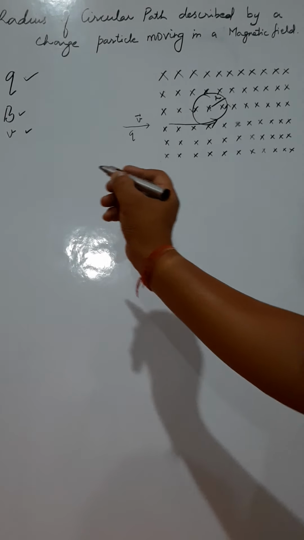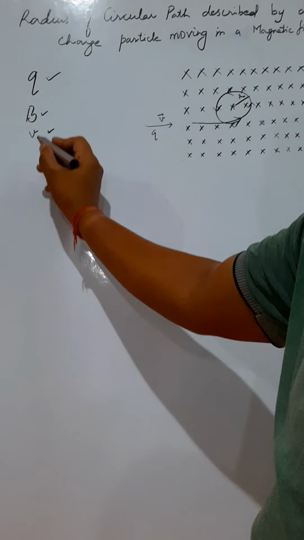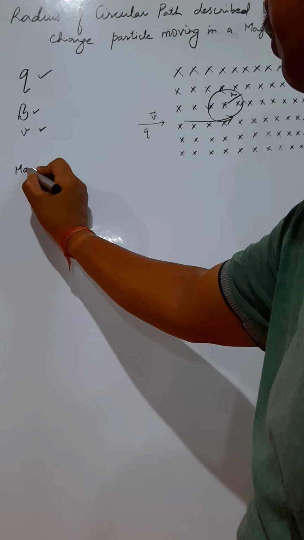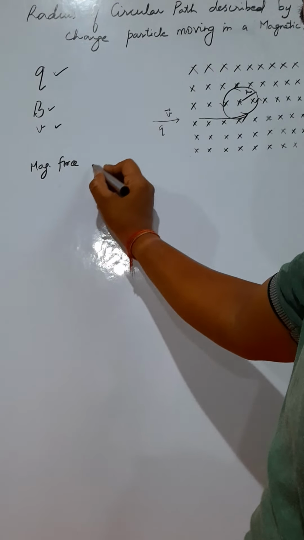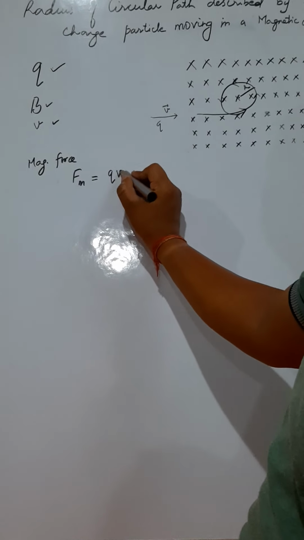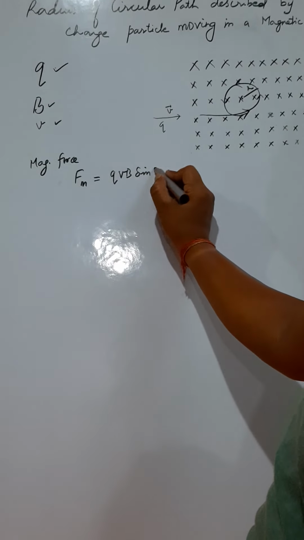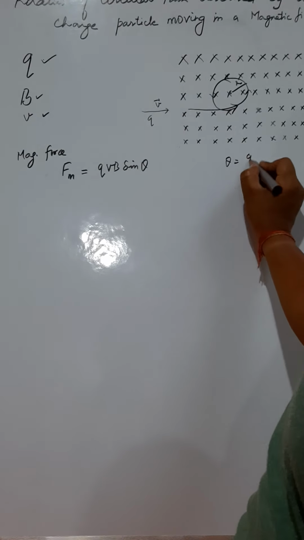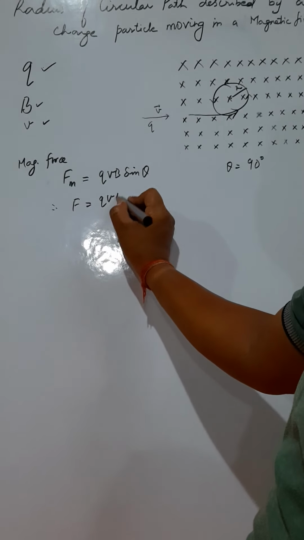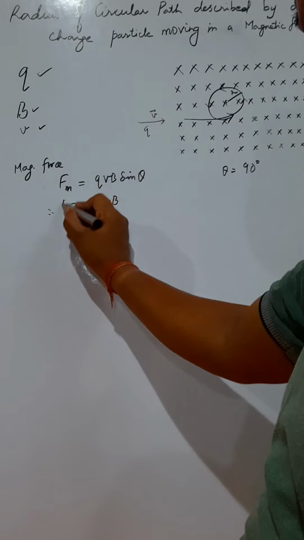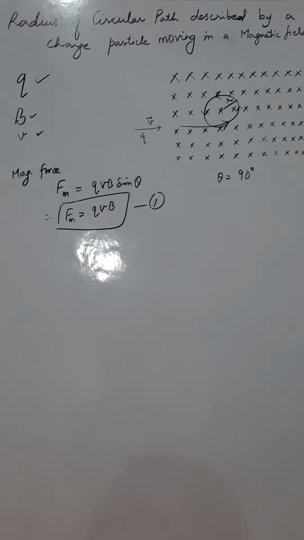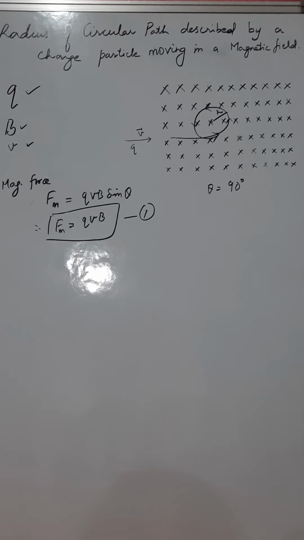So when it is moving with velocity v, the magnetic Lorentz force is given as QVB sin theta, and as theta is equal to 90 degrees, F is equal to QVB. Now this Lorentz force is responsible for the centripetal force.